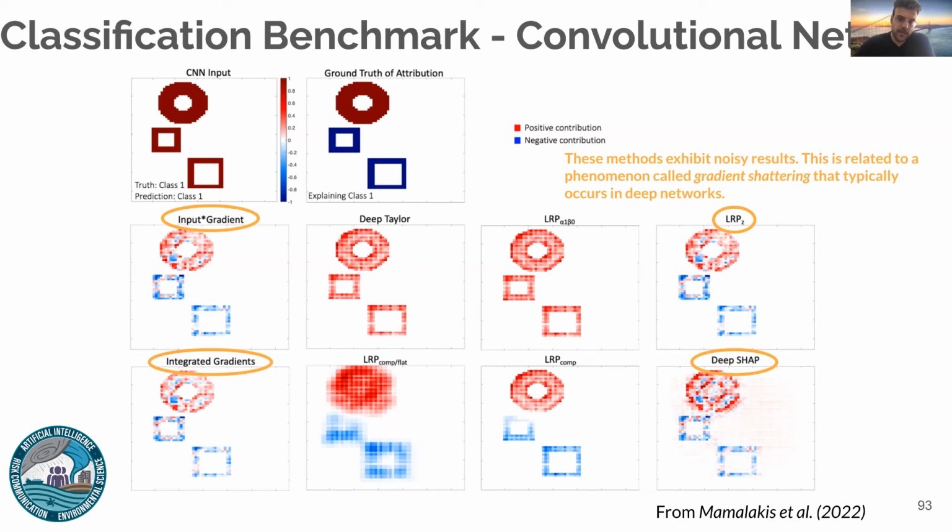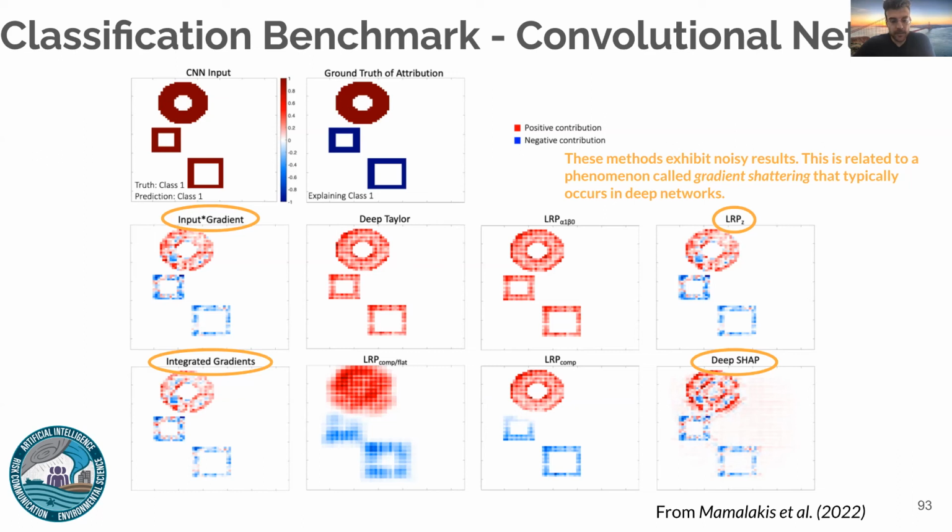And the reason is a phenomenon called gradient shattering. Some people already highlighted that in the Slido. So the deeper the network, the more likely it is for the gradient to start resembling white noise, meaning it will be more noisy. And so for every gradient-based method, the results will look noisy. That's one thing that we need to keep in mind, the noisy gradients.